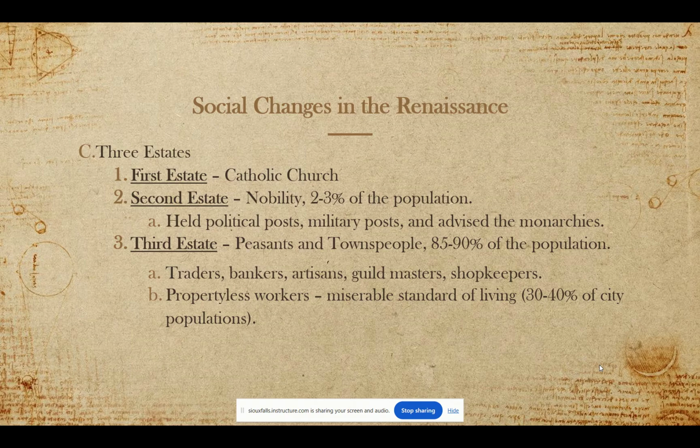Obviously, people in the clergy weren't marrying at all, but somebody of noble status wasn't marrying a peasant. So that gives us a general overview of what the social classes were like in most European states.